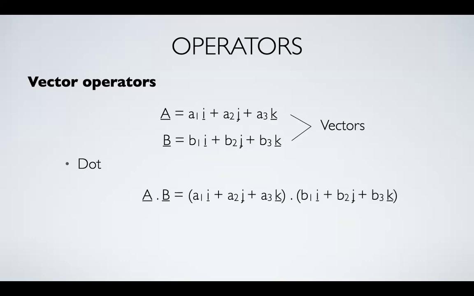So I'm just going to write the whole term here: vector A dot vector B. You're going to multiply each term to the other, for example A1 i multiplied with B1 i. And please note that vector i dot vector i is equal to 1. i dot j is equal to 0.